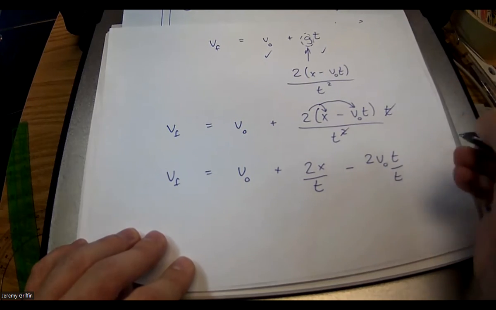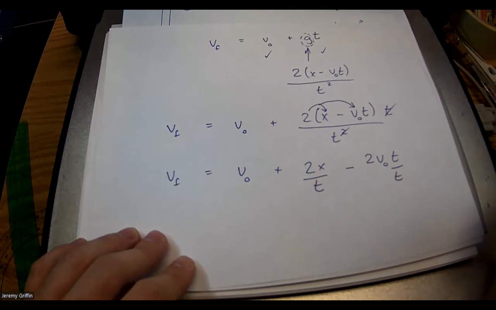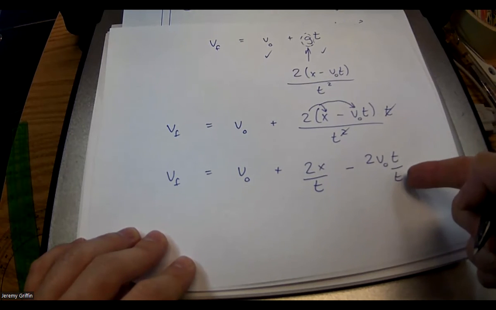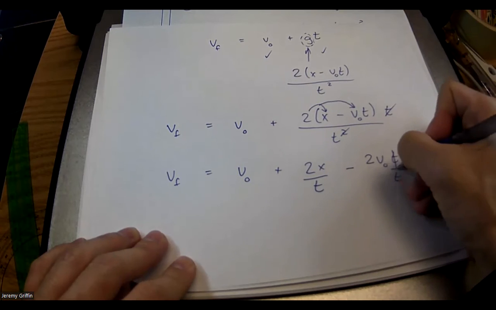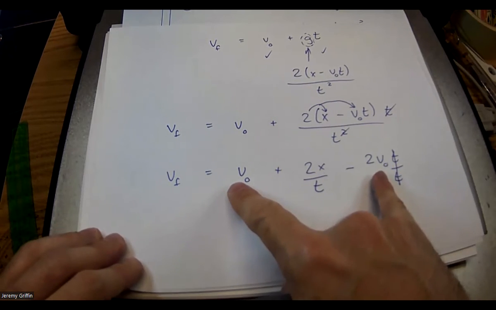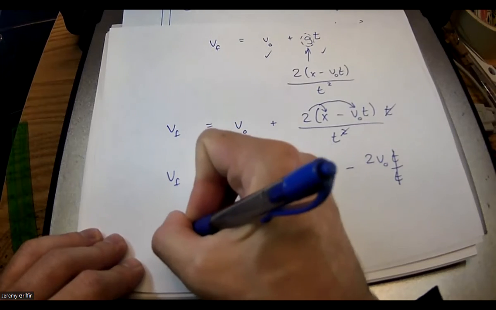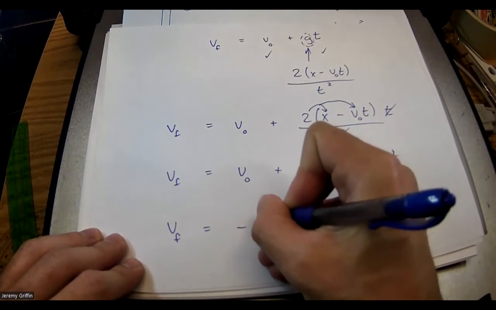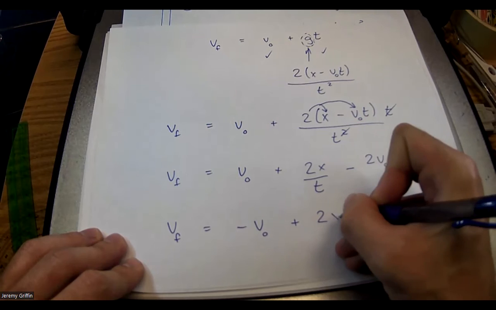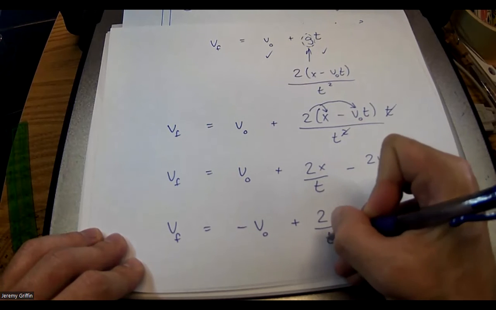Is that okay? And do those t's cancel? Great. You see it? And what's v naught minus 2 v naught? Negative v naught. So final velocity equals negative initial velocity plus 2x over t.